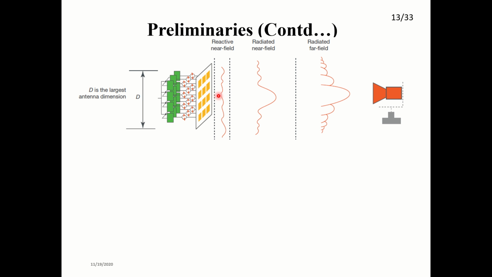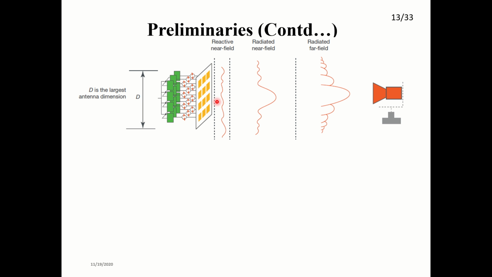What happens is, in the near field the variation is very high. You can see here that the radiation pattern will be like this, and also it will have interaction with this antenna, so that also you need to take care of.